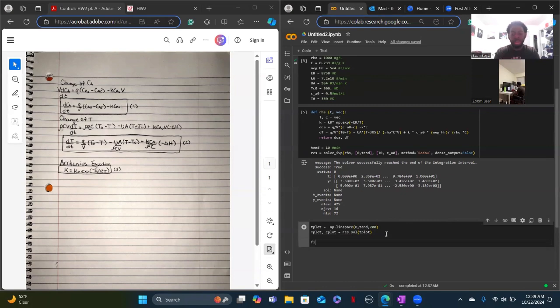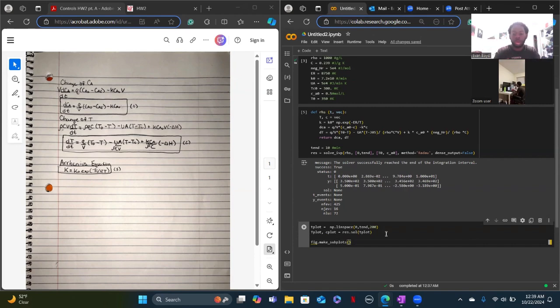So fig dot make subplots. There we go. Let's do it on one day. Next, I make subplots, and then before we put this, we need to input our rows and columns because for this we want to have two graphs side by side.